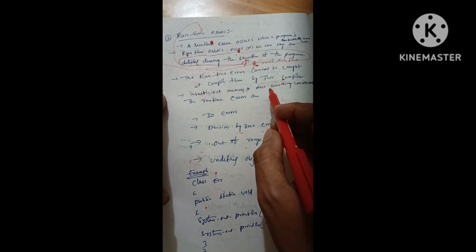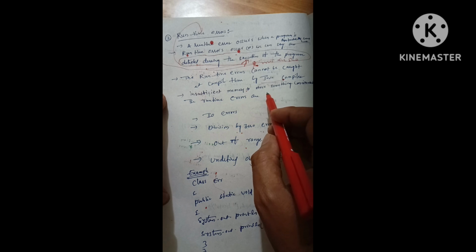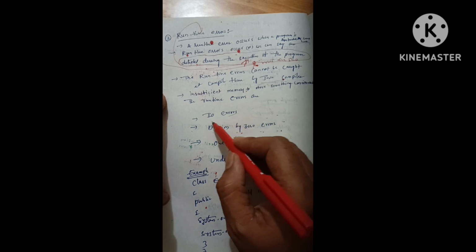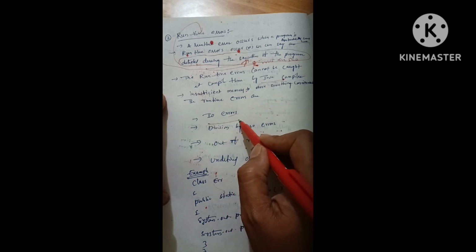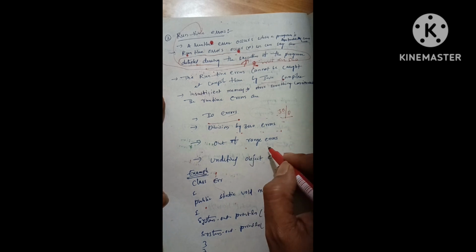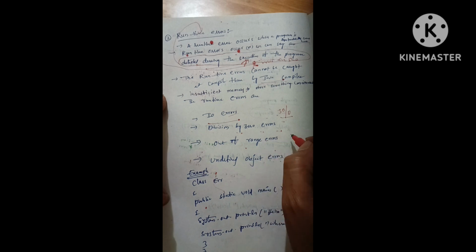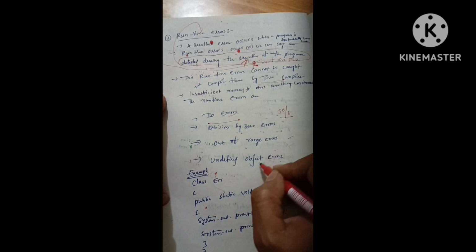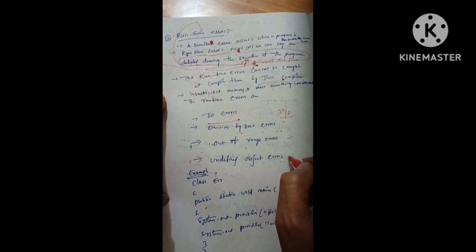Why do runtime errors come? For example, input/output errors, division by 0. Division by 0 means, suppose 30 by 0, the denominator should not be 0. Also out of range errors and undefined object errors, where we cannot create the object.